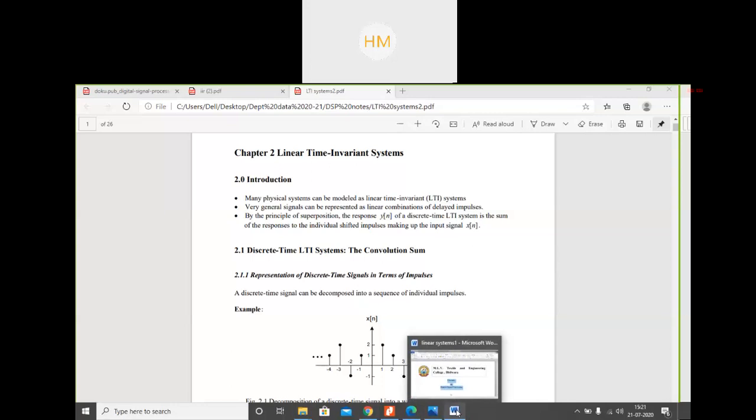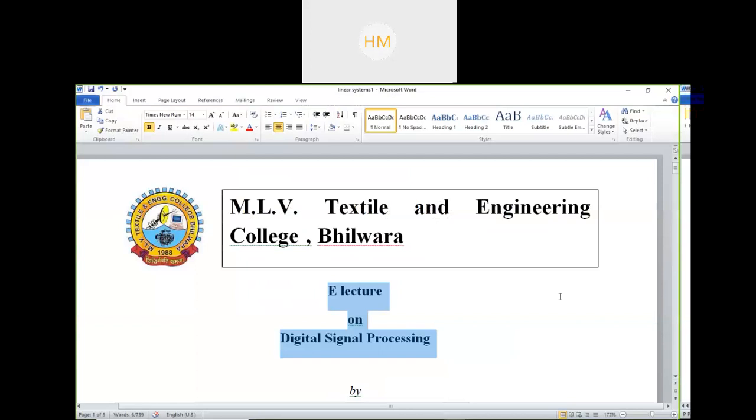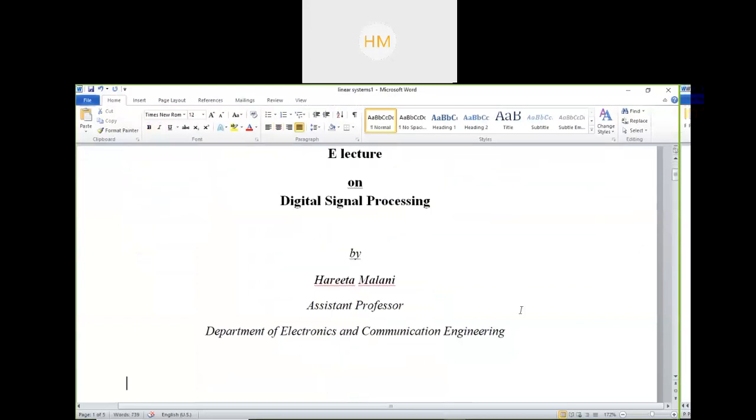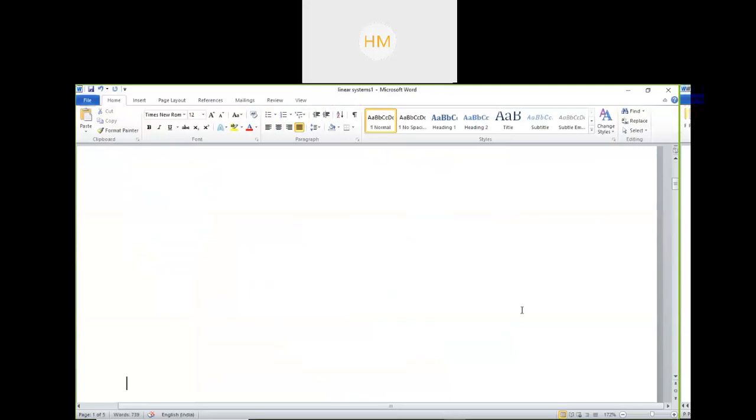The linear time invariant systems are very easy to pronounce, so in routine we used to say LTI systems, but whenever we are discussing digital systems, discrete signals, then we should say linear shift invariant systems. Clear? So first I will have a brief of what we mean by linear systems.